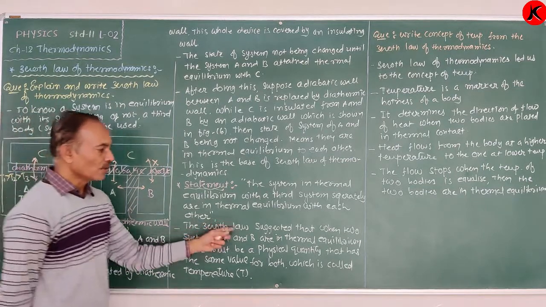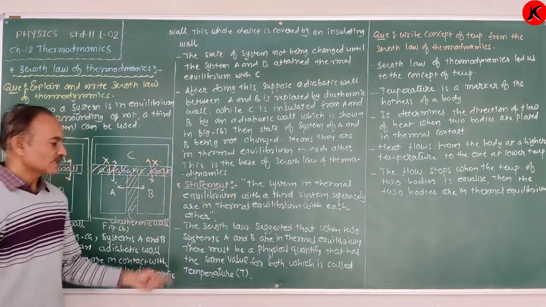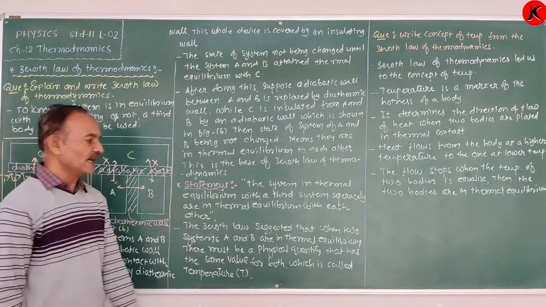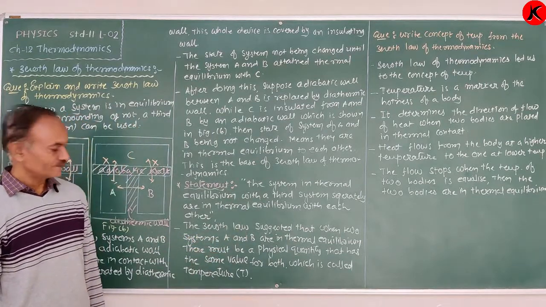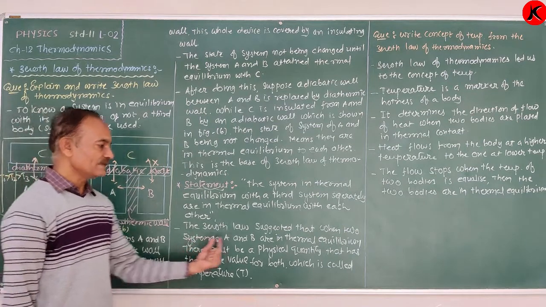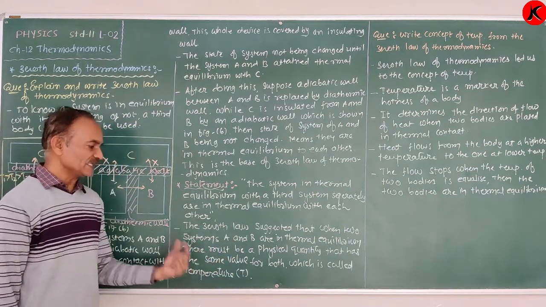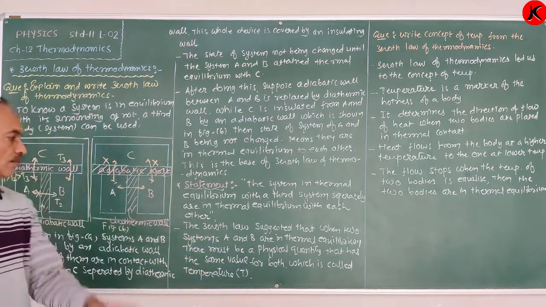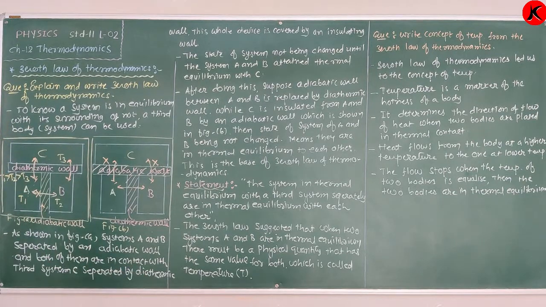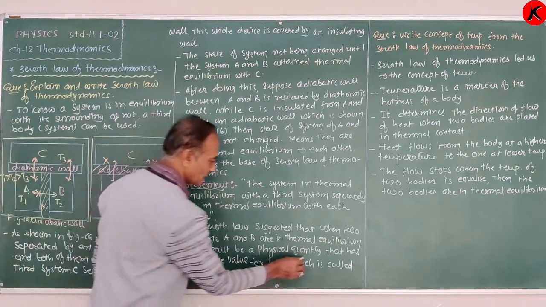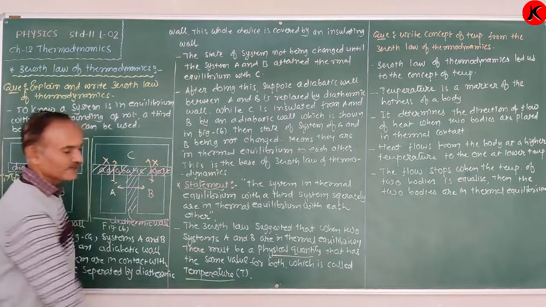Again, the Zeroth Law suggests that when two systems A and B are in thermal equilibrium, there must be a physical quantity that has the same value for both systems, and this physical quantity is known as temperature.